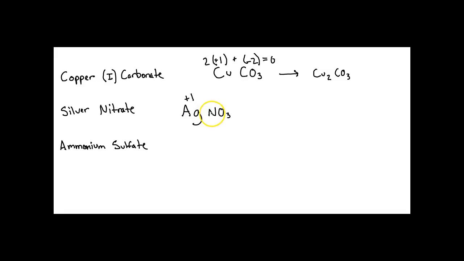And looking at our polyatomic ion chart, we know that NO3 has a -1 charge. So for this one, we'll kind of use our crisscross method. Up here we balance it out, but we'll kind of cheat and use our crisscross method. We'll bring our 1 down, we'll bring our 3 down here, and we will get AgNO3.